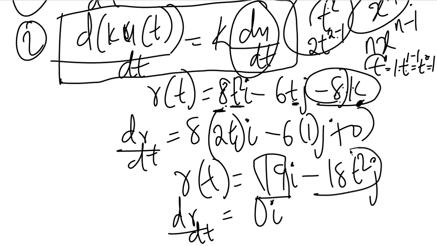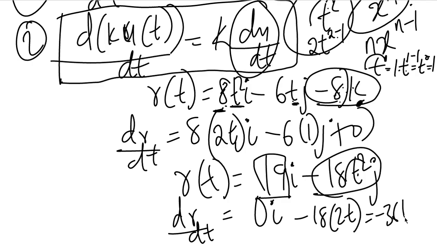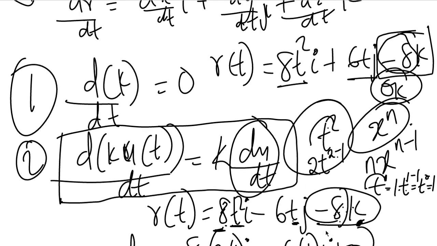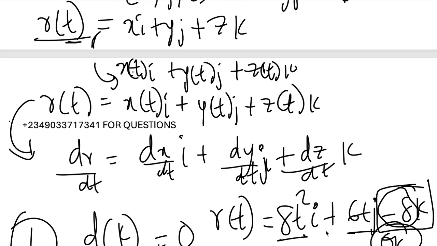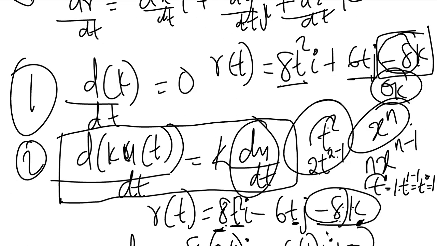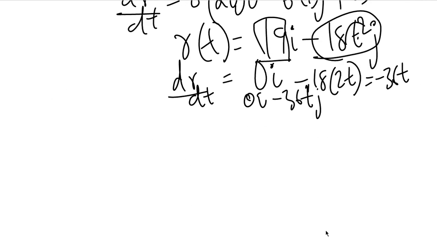And then by the time we differentiate this, 2 comes down, so it becomes negative 18 into 2t to the power of 2 minus 1, and that's negative 36t. So 0i minus 36t j. Do you understand? So this k is not the k of the xi plus yj plus zk, but the k that represents a constant. Understood?